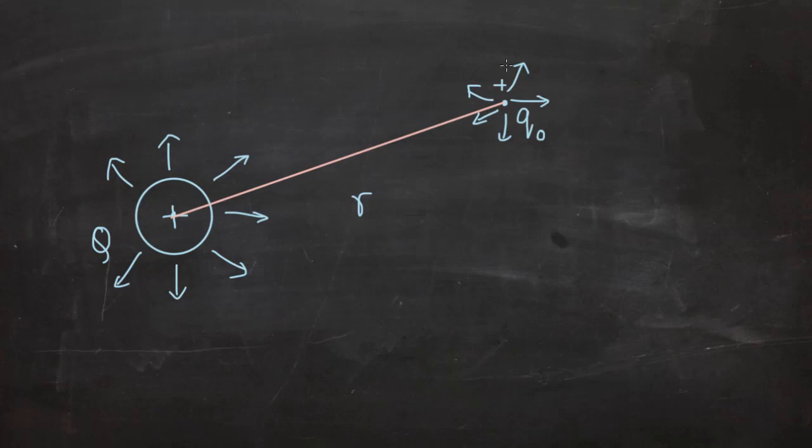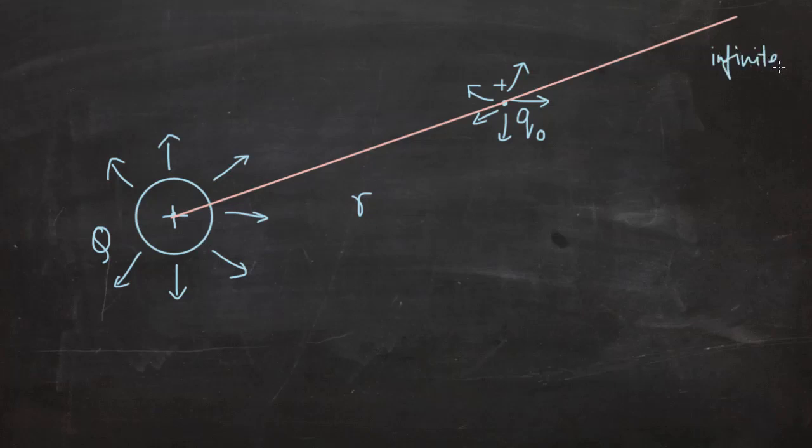So obviously when I fix this test charge Q naught over here at a distance of r from my large positive charge capital Q, I had to bring it from some distance away from this charge capital Q. Let me think that this distance which I brought it from is very far away, that is at infinite distance.